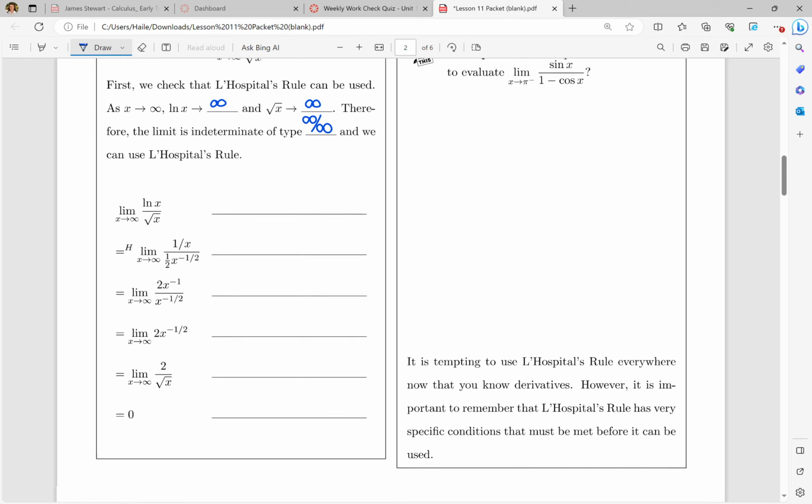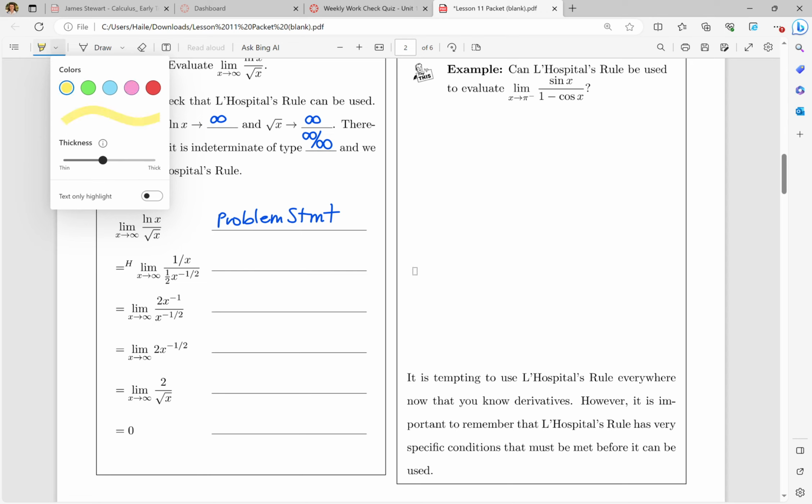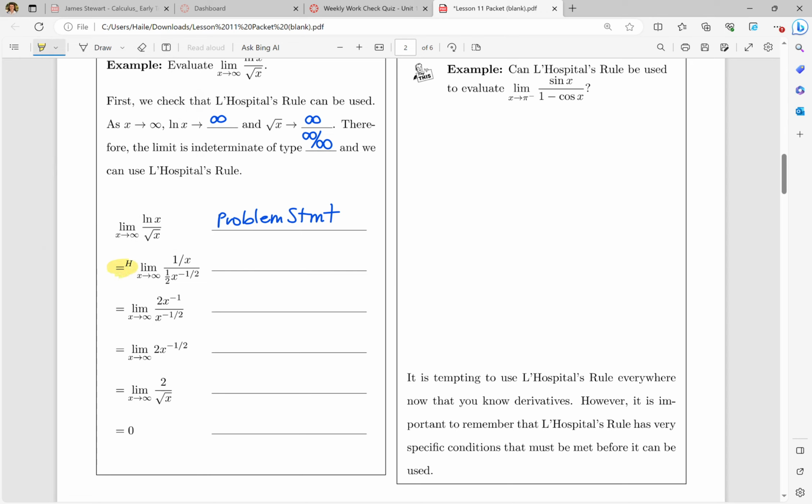Now that we've determined we can use the rule, let's actually evaluate the limit. In this first example, all the steps are written out for you, but we're going to go through and say why they're true. We start with our problem statement, as always, so we recopy the problem. The first thing we can do is apply L'Hopital's rule. Anytime you're applying L'Hopital's rule, make sure over the equal sign to write a little h so that you're indicating that you're taking the derivative.